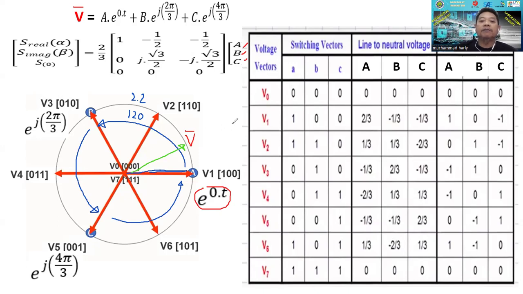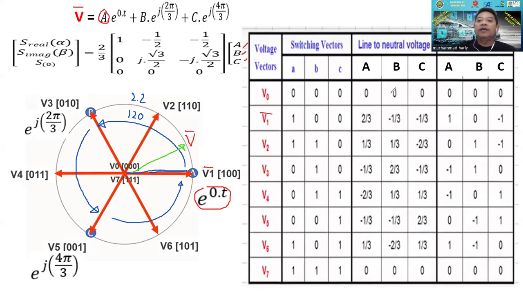The amount of the vector V is calculated like this. For example, the position of V1 is here. V1 is the vector of E, which means here it is 1.